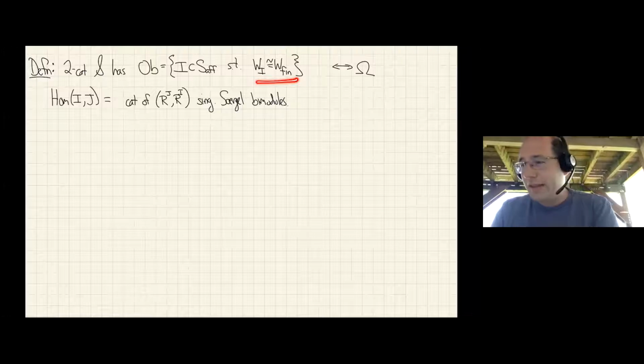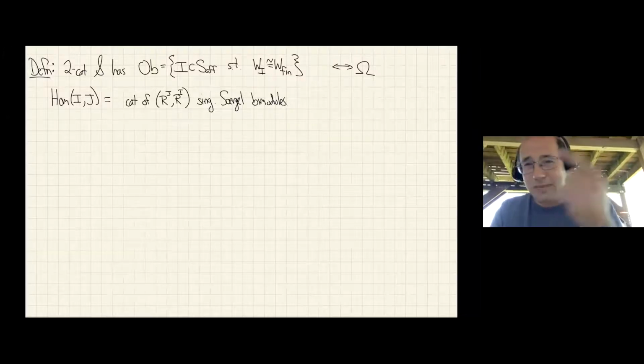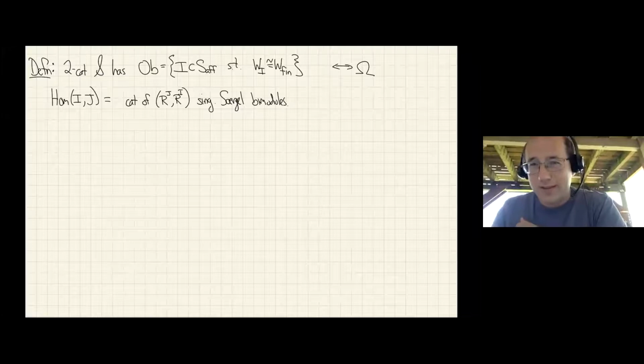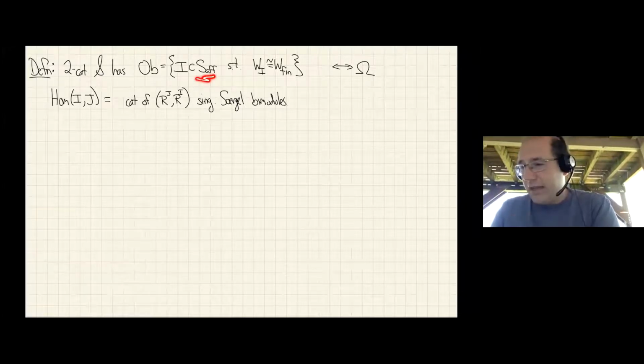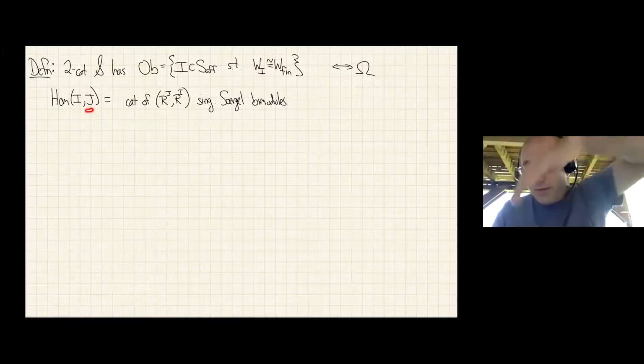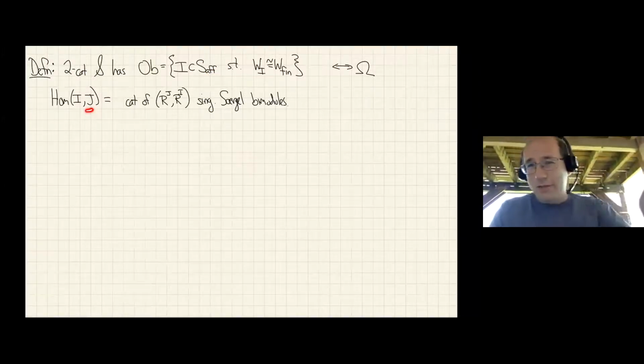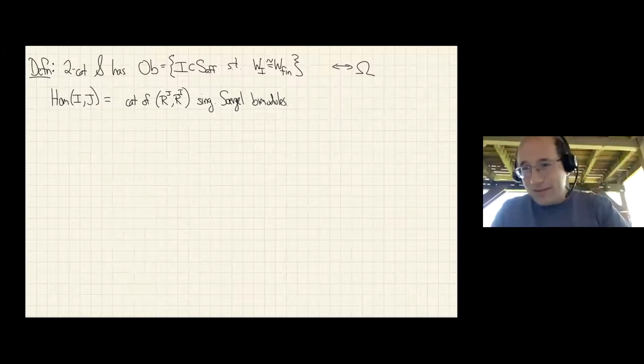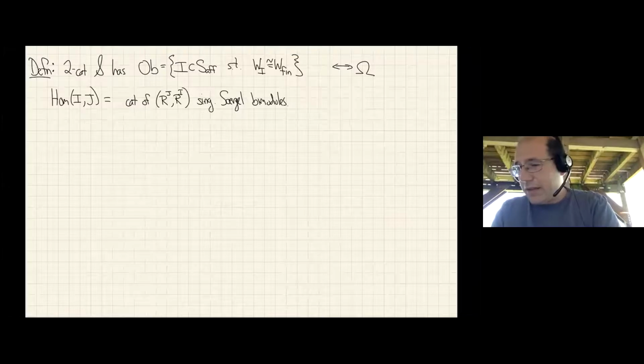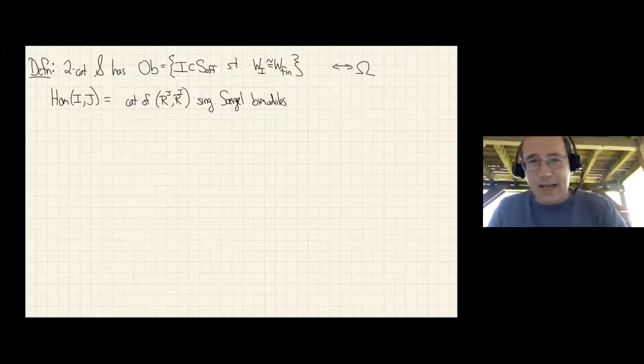So you can think about this as the affine reflections minus one of those removable vertices. And the Hom from i to j is going to be the category of singular Soergel bimodules for this copy of the finite Weyl group and that copy of the finite Weyl group. And so the geometric Satake theorem basically tells you that this 2-category and this 2-category are equivalent.